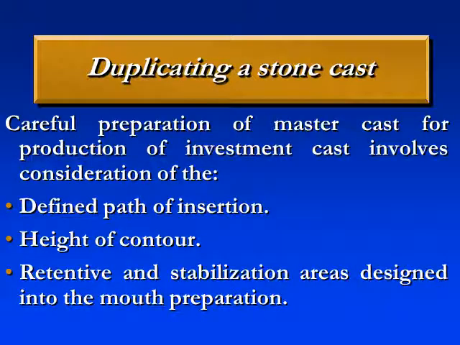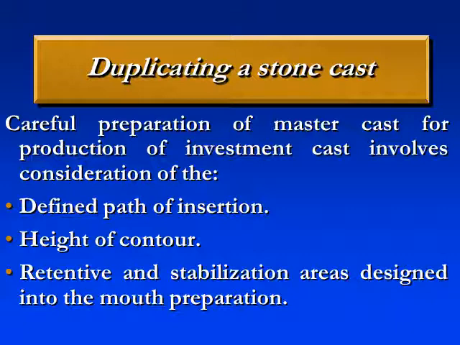Careful preparation of the master cast for the production of the investment cast or refractory cast involves consideration of the following. Number one, defined path of insertion. We should preserve the definite path of insertion and removal of the removable partial denture.